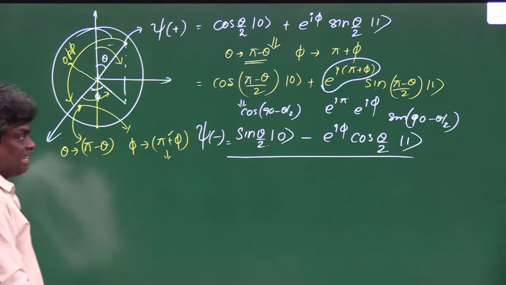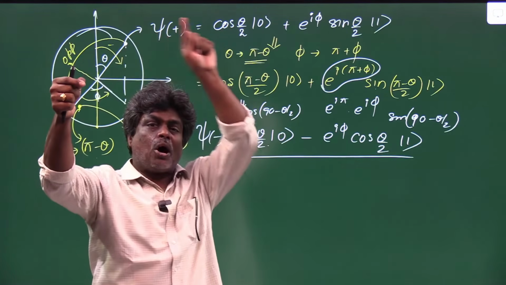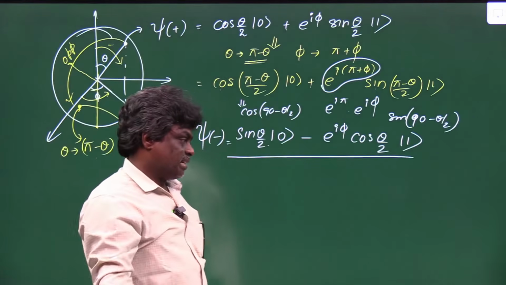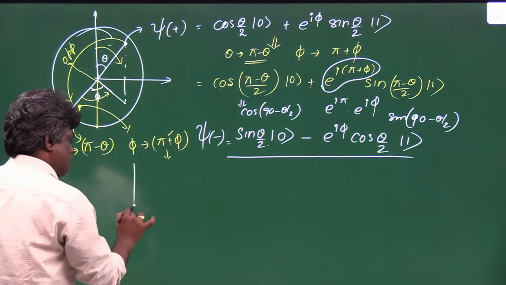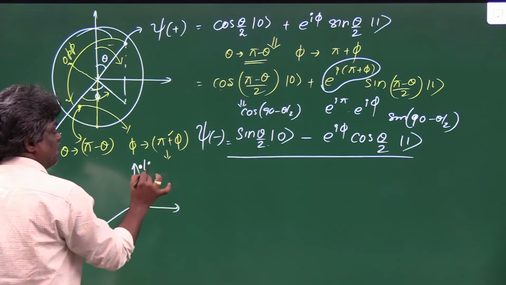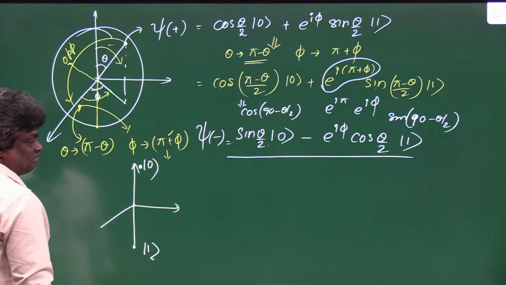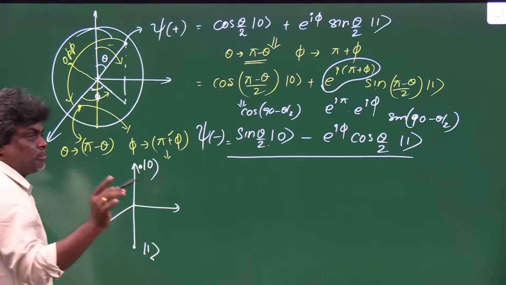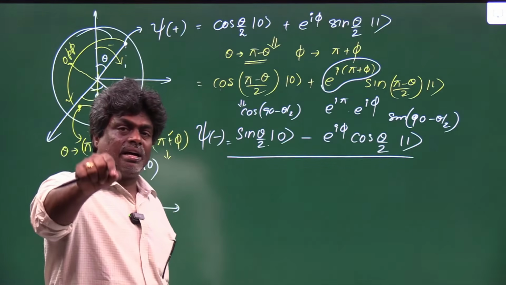So what they are saying is, if you find one eigenvector, the exactly opposite point is also another eigenvector. That's why in the z basis we will take like this. This is the point ket 0, and quite opposite what you have taken is ket 1. So opposite points on the Bloch sphere represent the eigenstates.